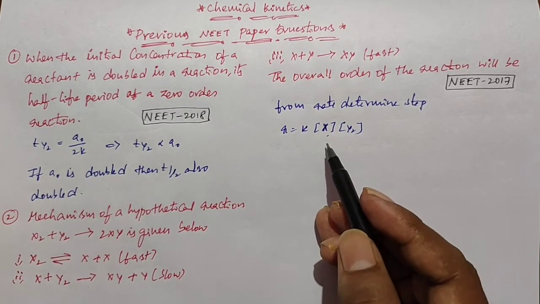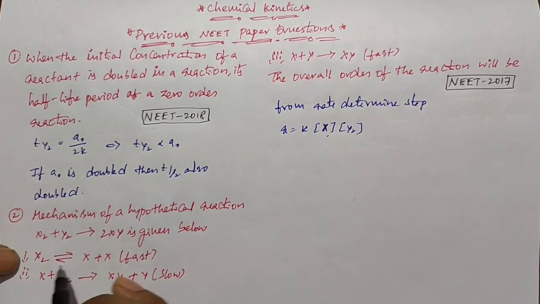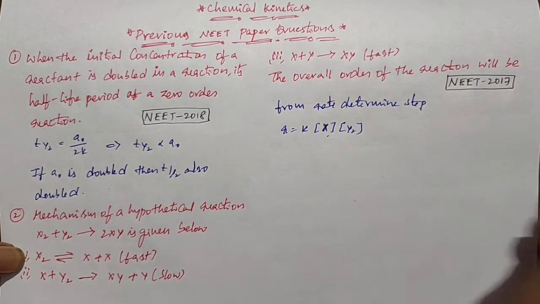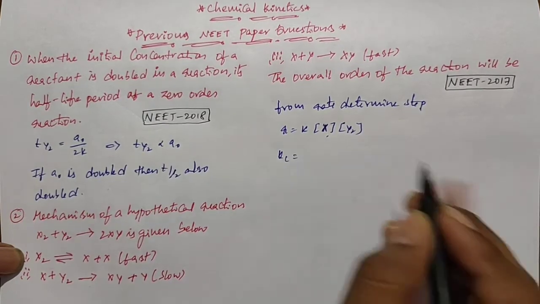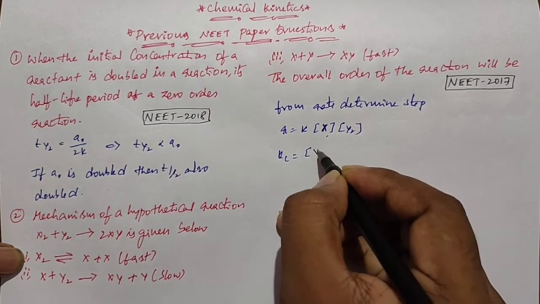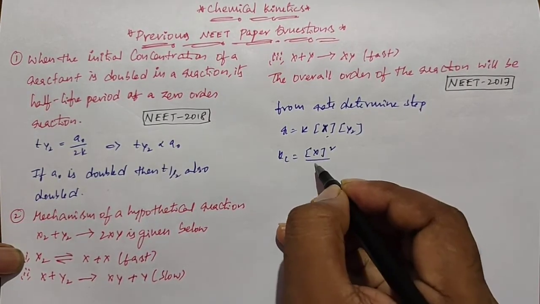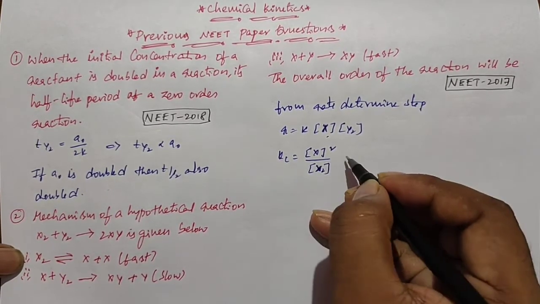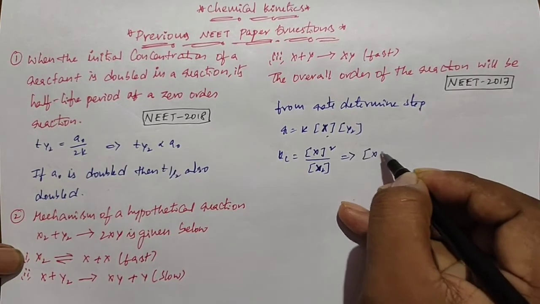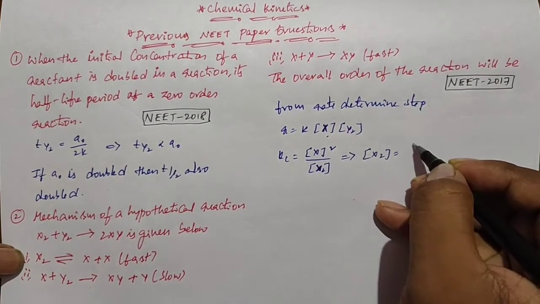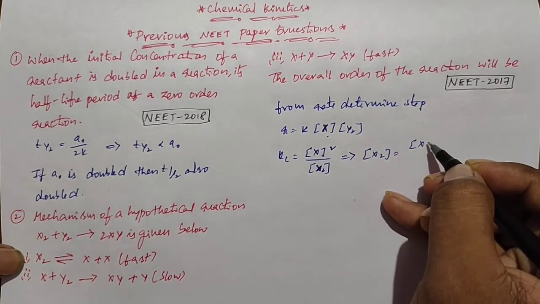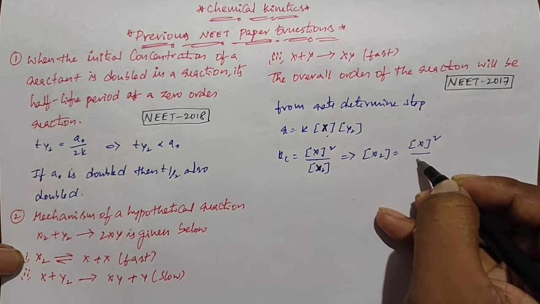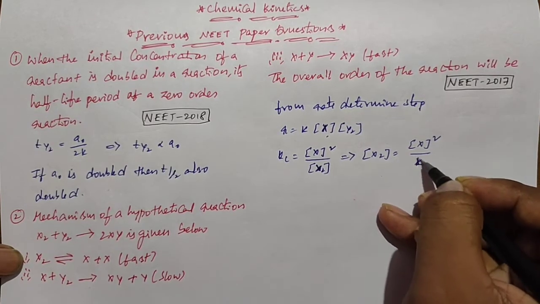So to eliminate the value of X, just take the Kc of the first equation in the reaction mechanism. When you write the Kc for this reaction, Kc is equal to X square by X2. Now rearrange this for X2: concentration of X2 is equal to X whole square by Kc.